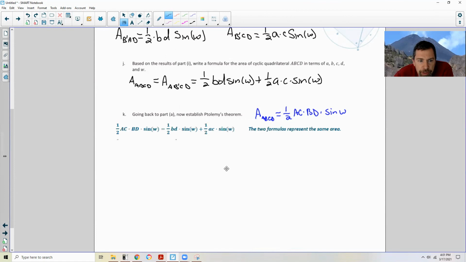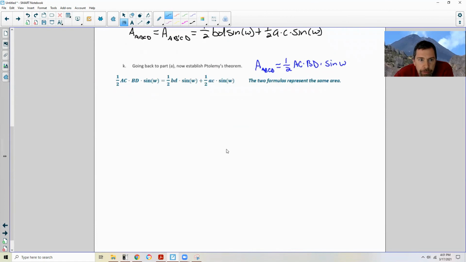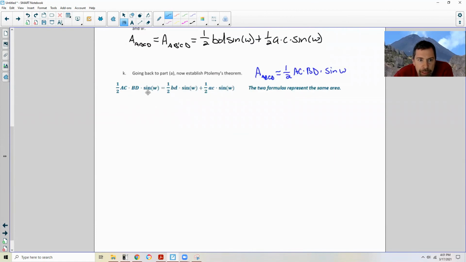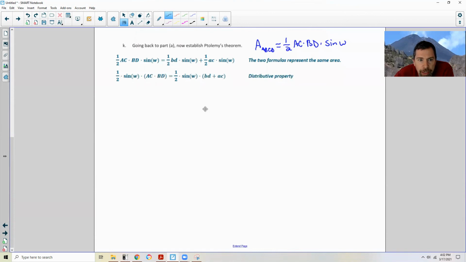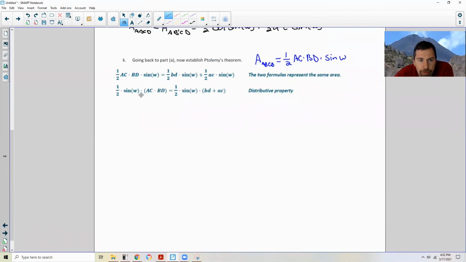So the first thing we're going to say is 1/2 AC times BD times sine W from part A equals 1/2 BD sine W plus 1/2 AC sine W. The two formulas represent the same area. Then we're going to say 1/2 sine W times AC times BD equals 1/2 sine W times (BD plus AC). Well, what happened there was we factored.